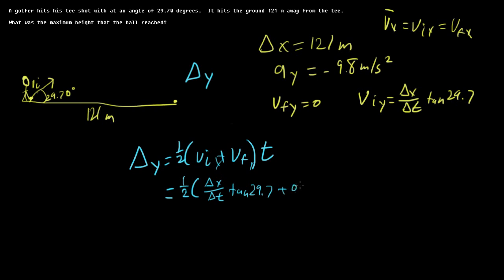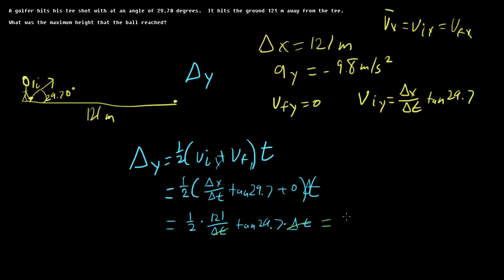So v_f is 0, good, and then times delta t. Let's plug in further. 1/2 times delta x was 121 divided by delta t, tangent of 29.7 times delta t. Well, looky there. Delta t and delta t cancel.